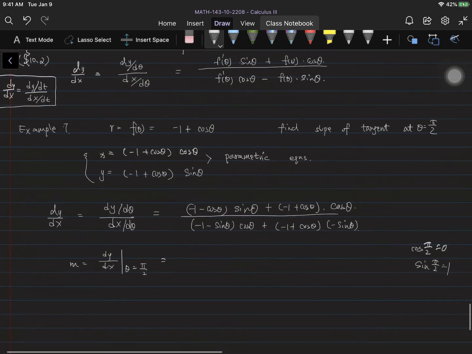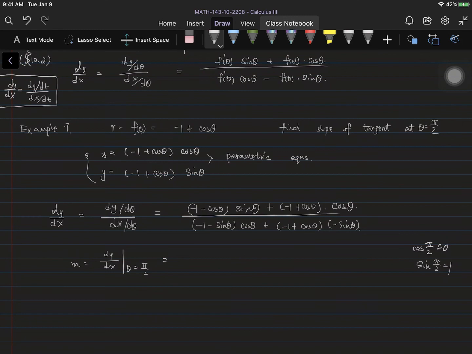So when we evaluate this, you can just take all the cosines to be 0. So those terms go away. Okay, you can just make them go away. So it becomes -1 times 1, and this other term also goes away. So note that term, -1, is on the top.